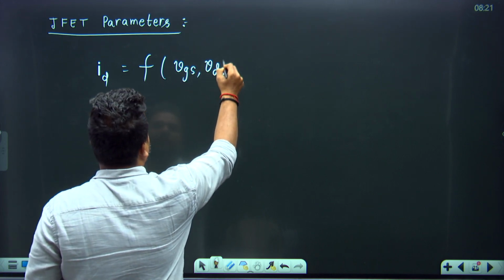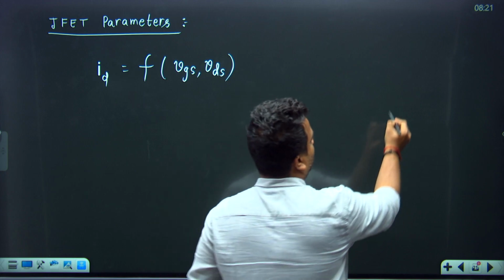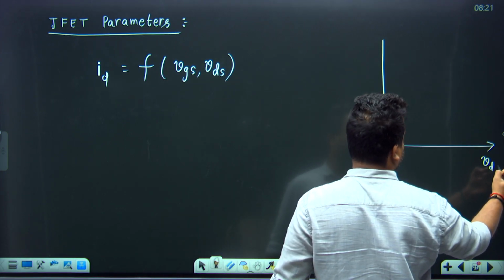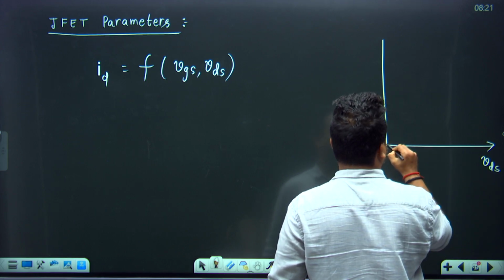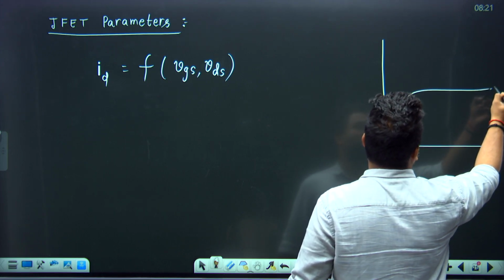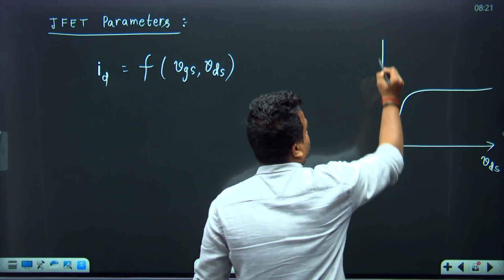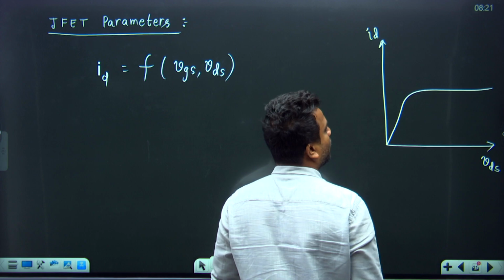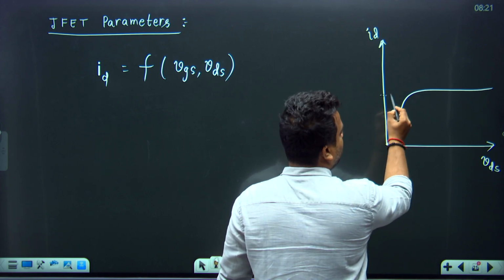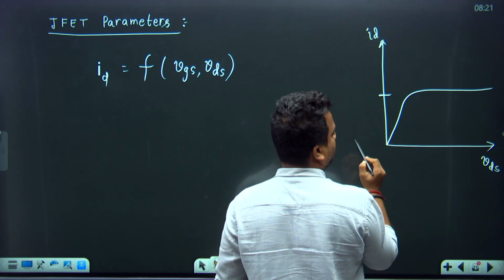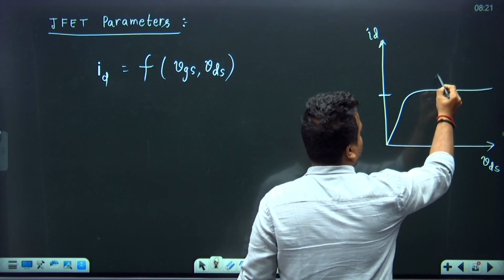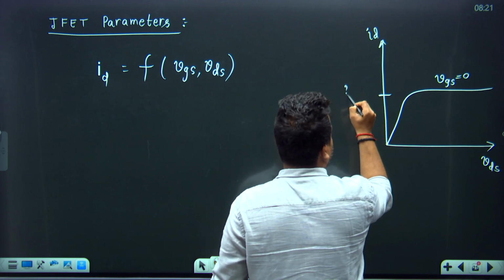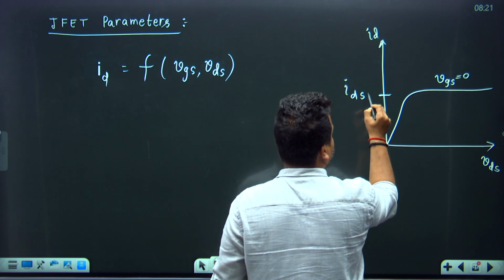Yes, because guys, hope you know, from the drain characteristics, when you change the VDS, initially drain current increases and then becomes saturated. So the drain current is a function of VDS only. Moreover, the peak value of the drain current depends upon the VGS, because whenever VGS is 0, this is the maximum current, IDSS.